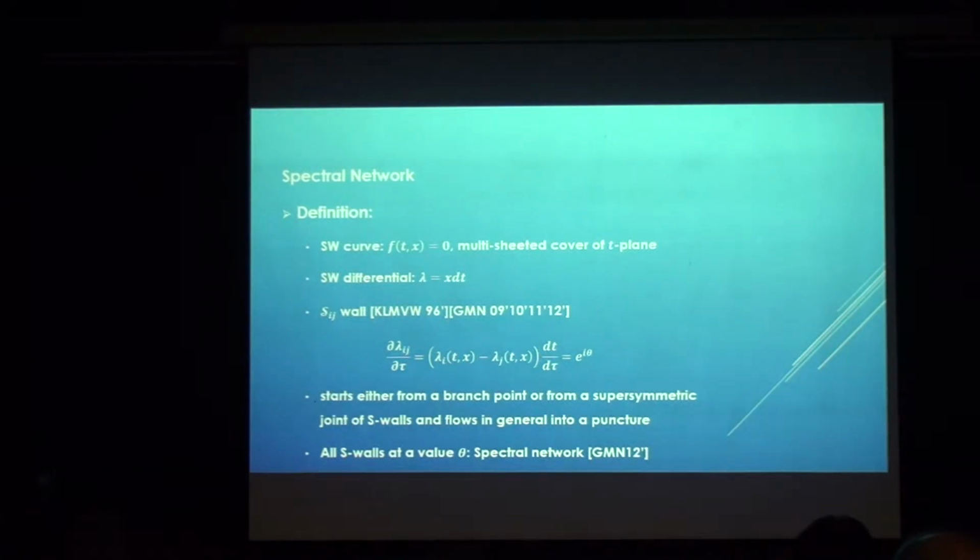Then the S-wall connecting the i-th branch and j-th branch is defined by the following flow equation: the Seiberg-Witten differential on the i-th branch minus the Seiberg-Witten differential on the j-th branch, and dt over d tau. D tau is a parameter that parameterizes the S-wall, and this e to the i theta is some constant.